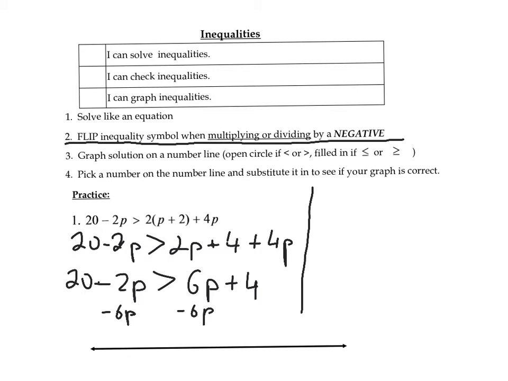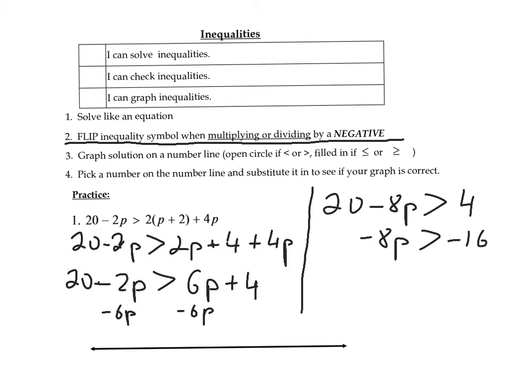So I get 20 minus 8p is greater than 4. Then you subtract 20 from both sides, so you get negative 8p is greater than 4 minus 20, which is negative 16.